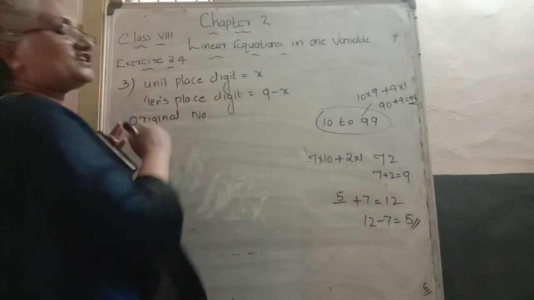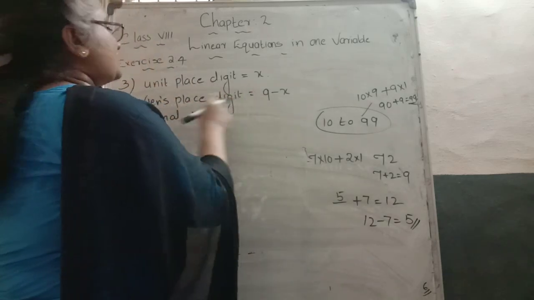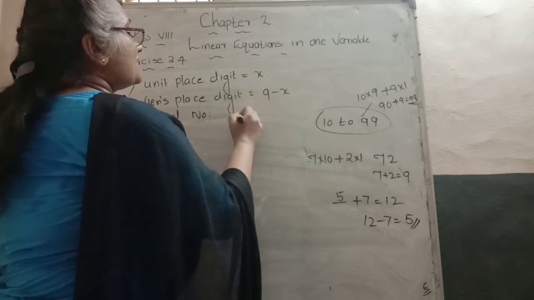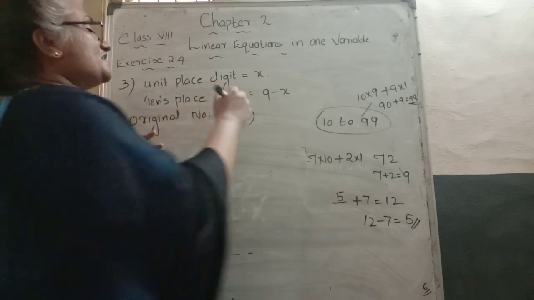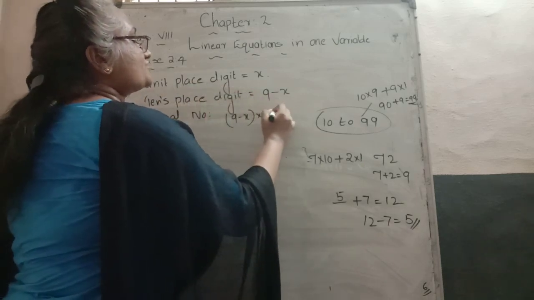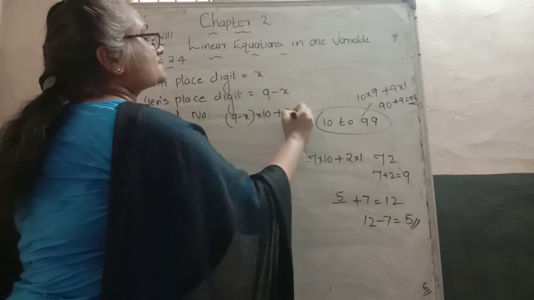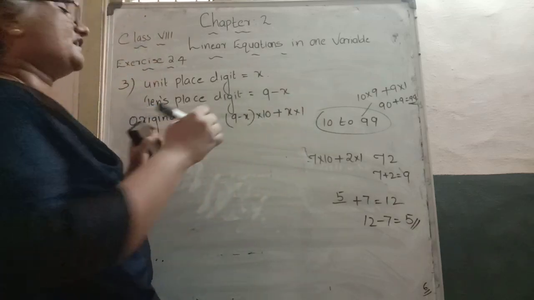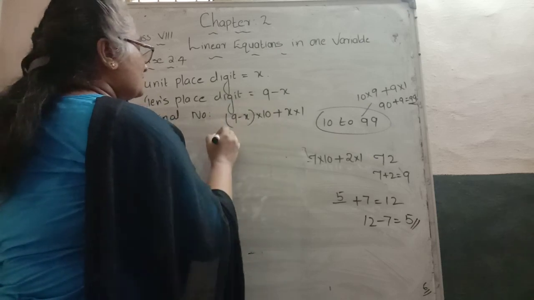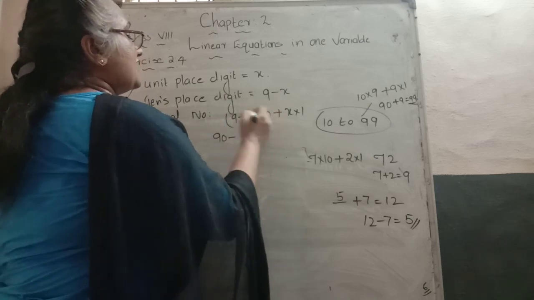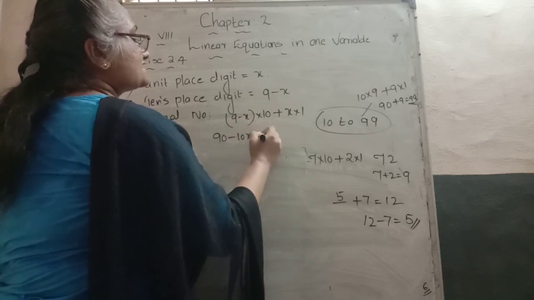In the same way, the original number can also be split and written. Here the tens place number is 9 minus x. Tens place digit means the place value is 10, and the unit place digit is x, so the place value is 1. Open the bracket: 9 into 10 is 90, minus 9 into x, 10 into x becomes 10x, plus x into 1 becomes x.